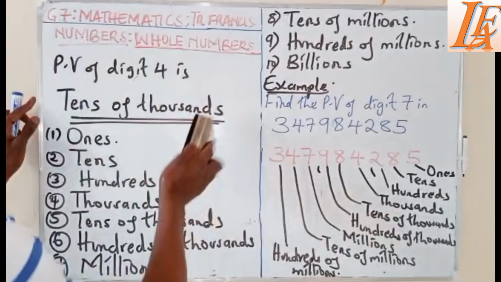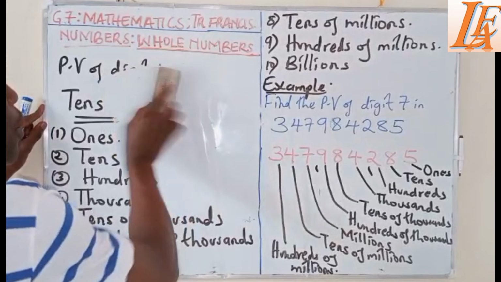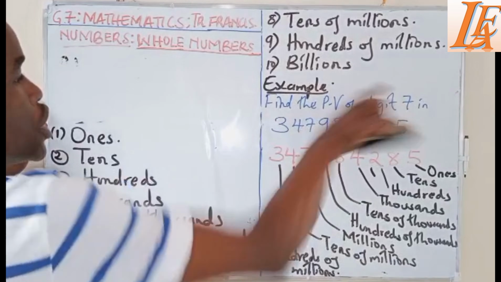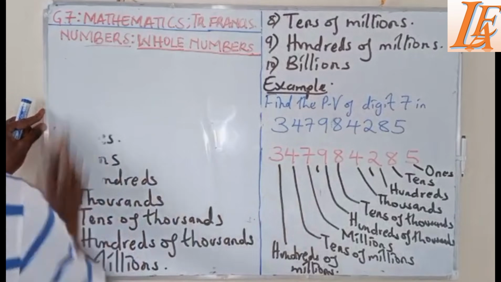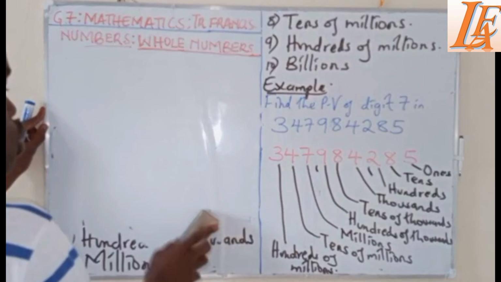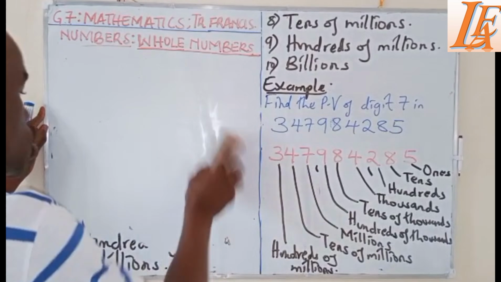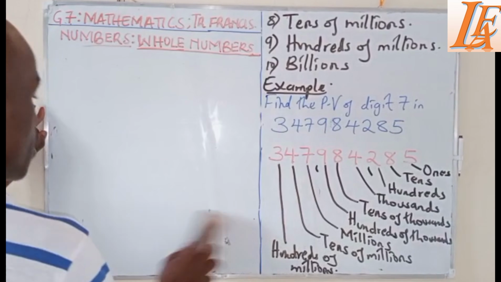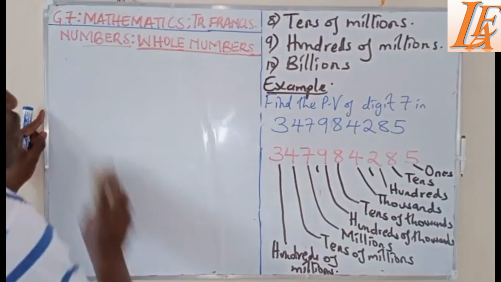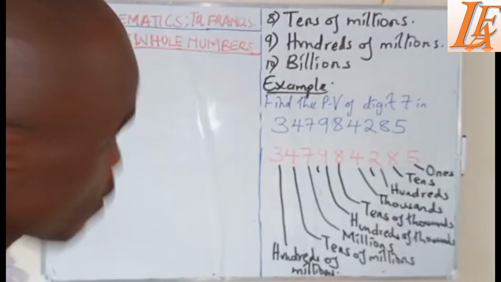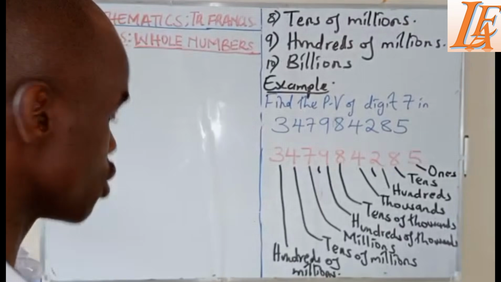Therefore, we can focus on the question: find the place value of digit 7. Remember, we define place value as the position of the given digit in a given number. So the digit we have been told to find its place value is digit 7. You circle the digit 7.